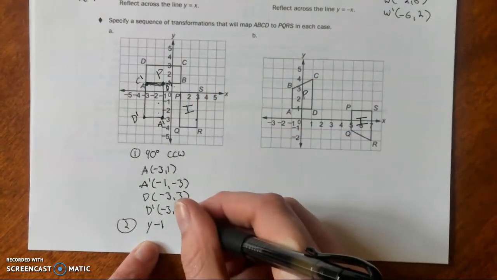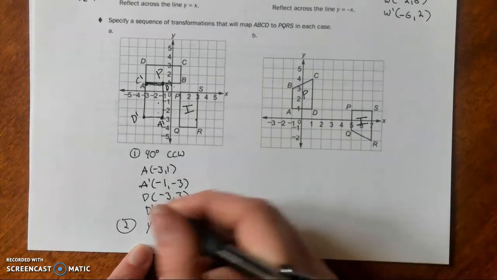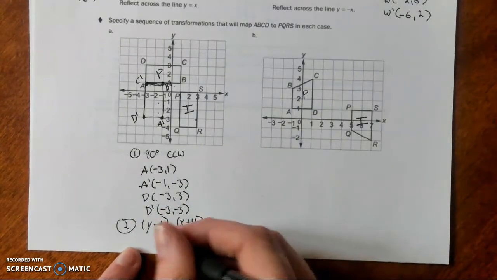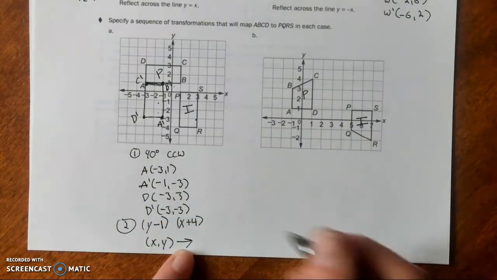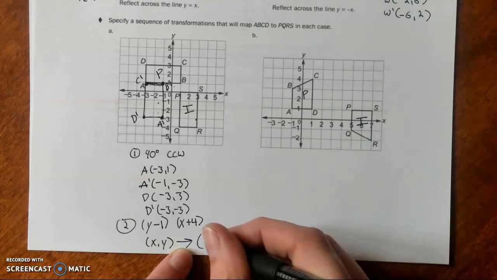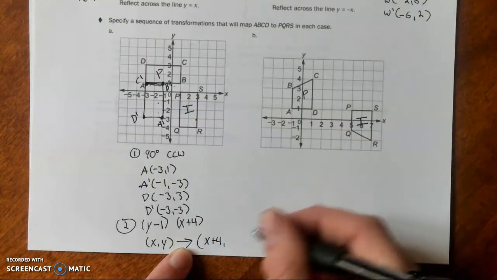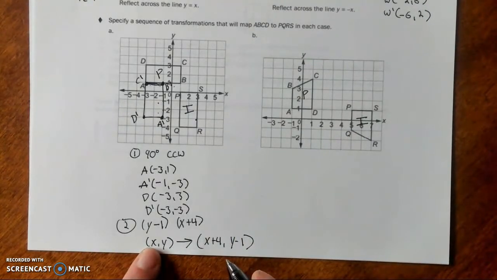So that would be x plus 4. And then writing that into our translation notation, that would be your x, y moves to x plus 4 and y minus 1. So that's like our mapping notation.